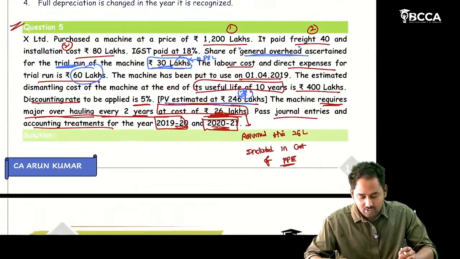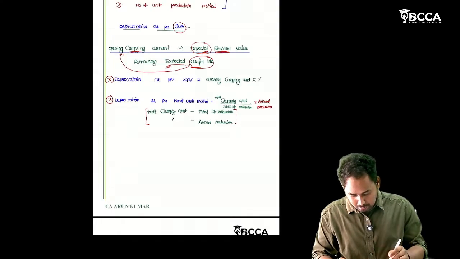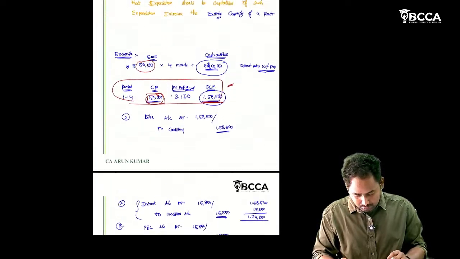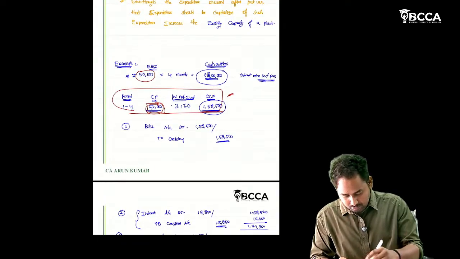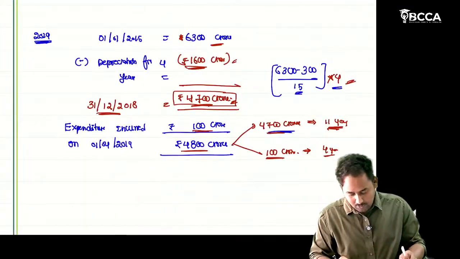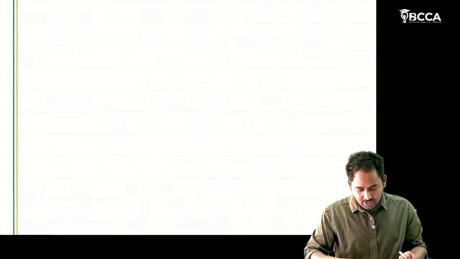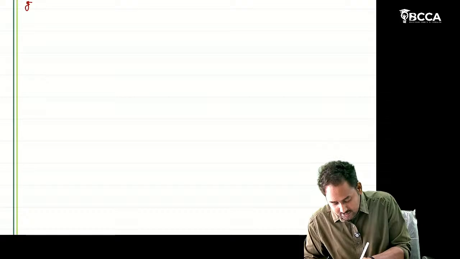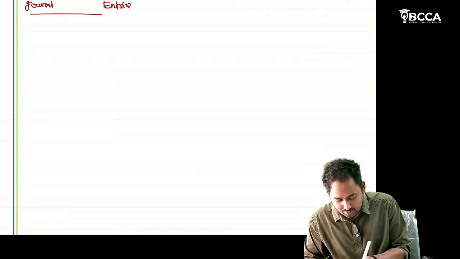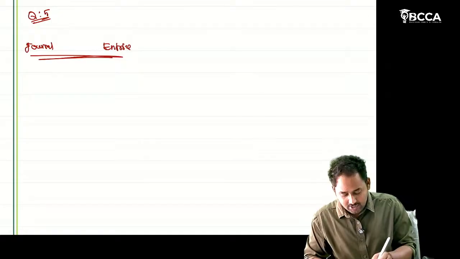So based on the calculation, we can provide the journal entries. What is the question number? Question number 5, journal entries.